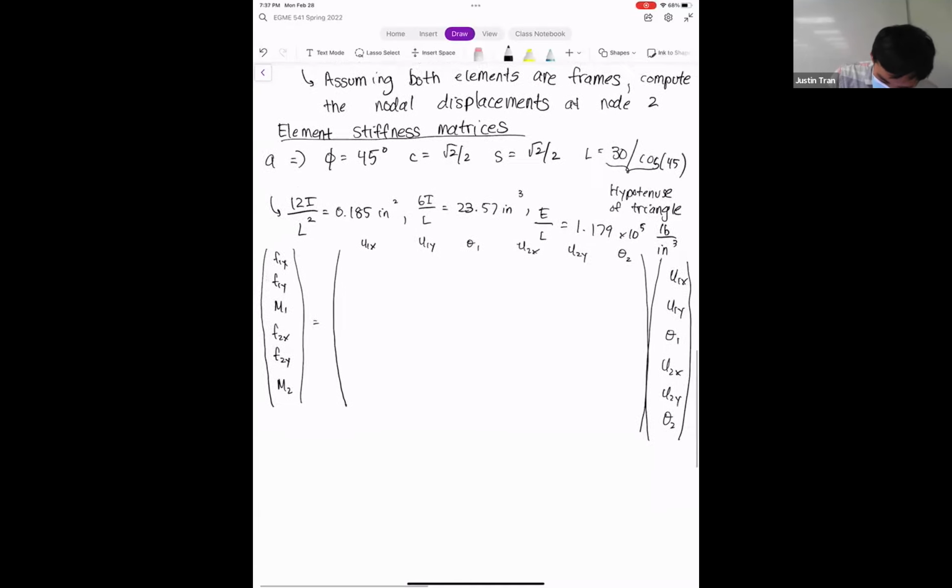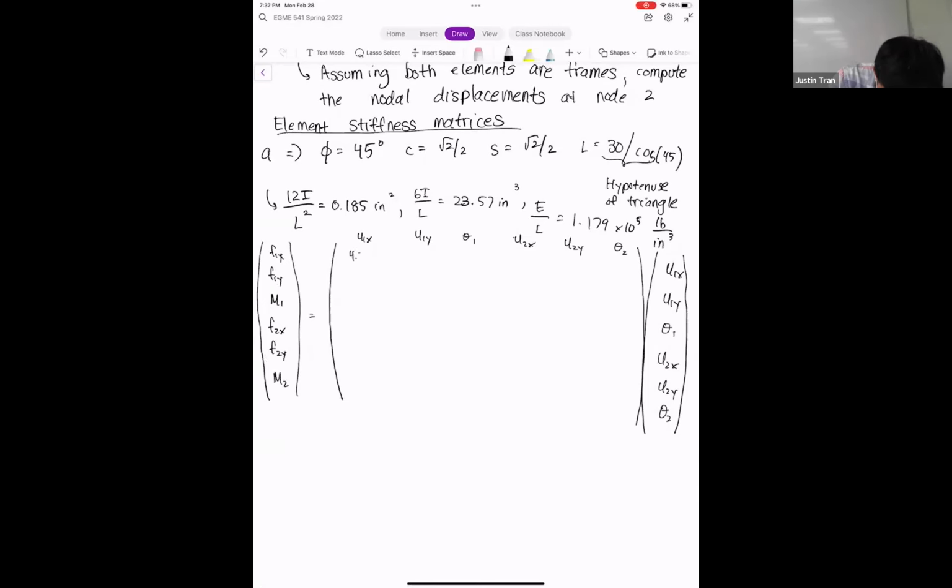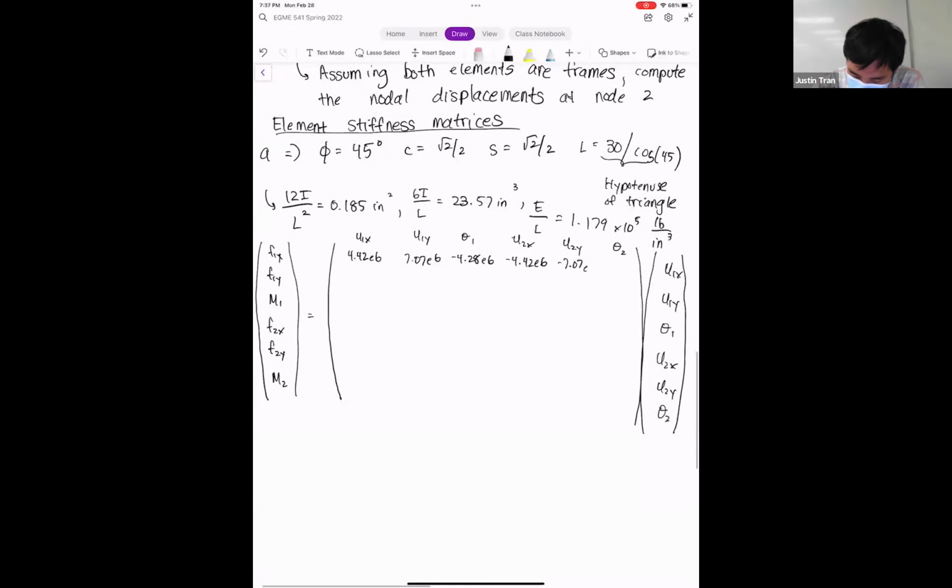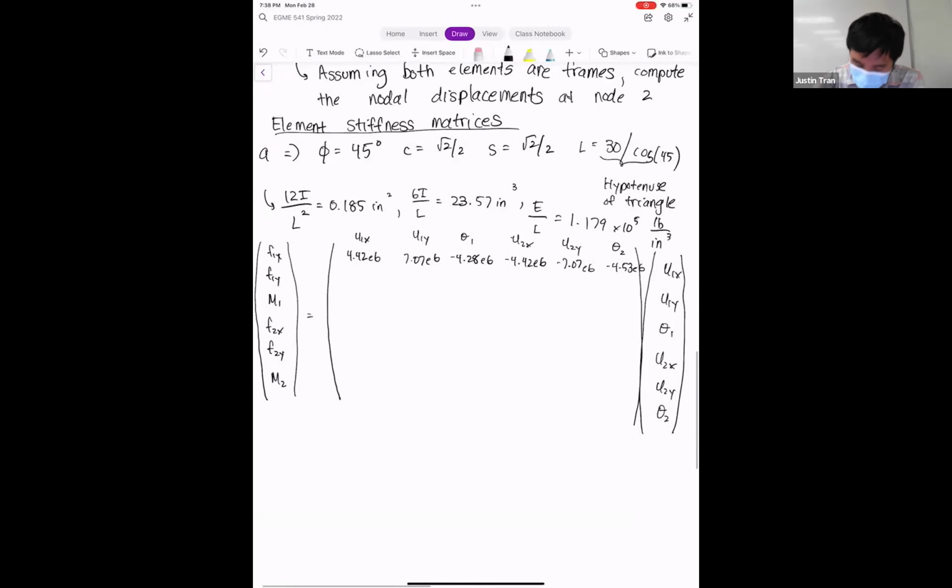We have 4.42 times 10 to the 6. We have 7.07 times 10 to the 6. We have a minus 4.28 times 10 to the 6. We have a minus 4.42 times 10 to the 6, minus 7.07 times 10 to the 6, and a minus 4.53 times 10 to the 6. Okay.